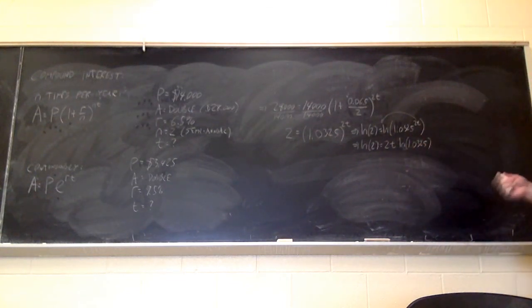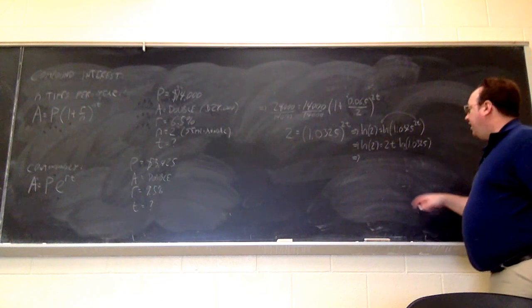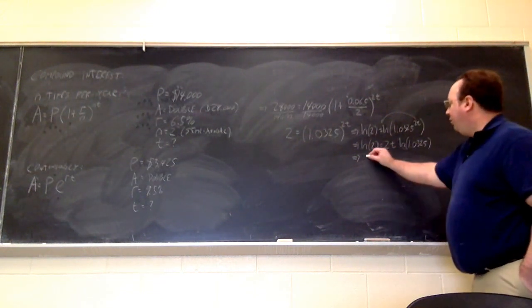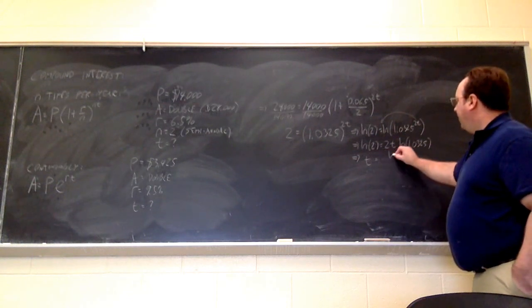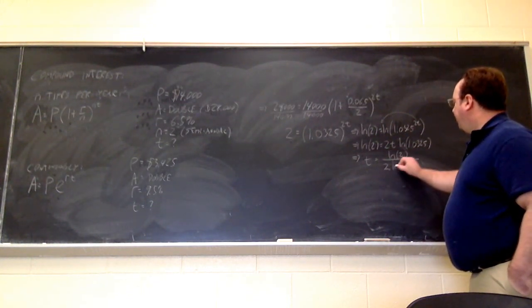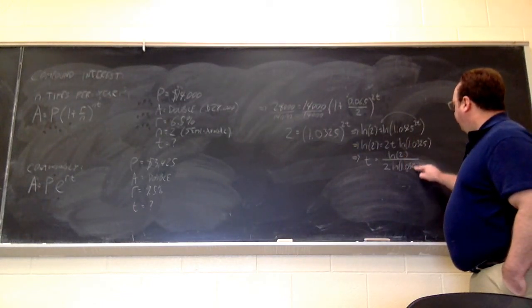And now I'm in a position to solve for t. I couldn't really do that before. So if I divide both sides by 2 and natural log of 1.0325, I can get a formula for t. So it's natural log of 2 over 2 times the natural log of 1.0325.